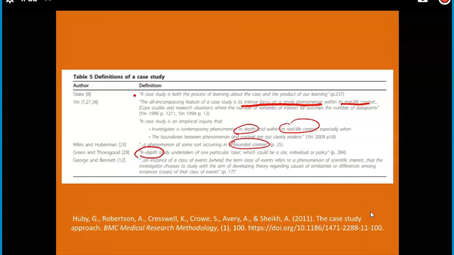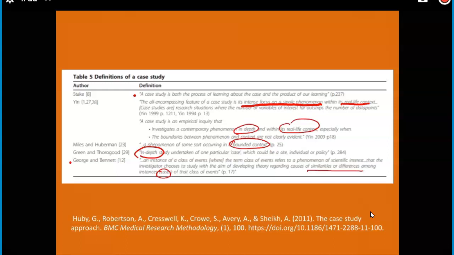In-depth study, there we have that word again. And George and Bennett at the end here: an instance of a class of events, where the term class of events refers to a phenomenon of scientific interest that the investigator chooses to study with the aim of developing theory regarding causes of similarities and differences among cases of that class of events.